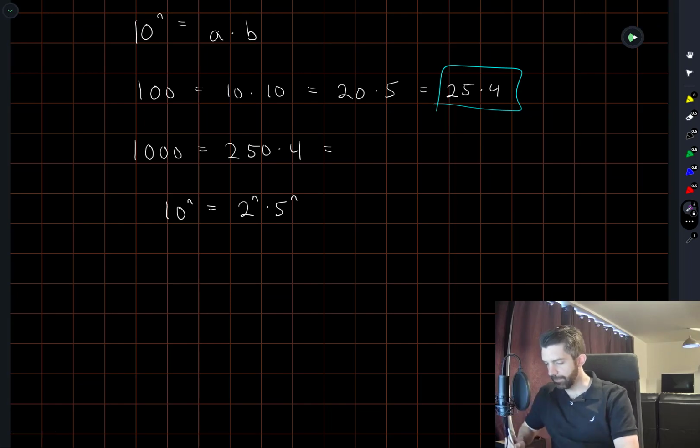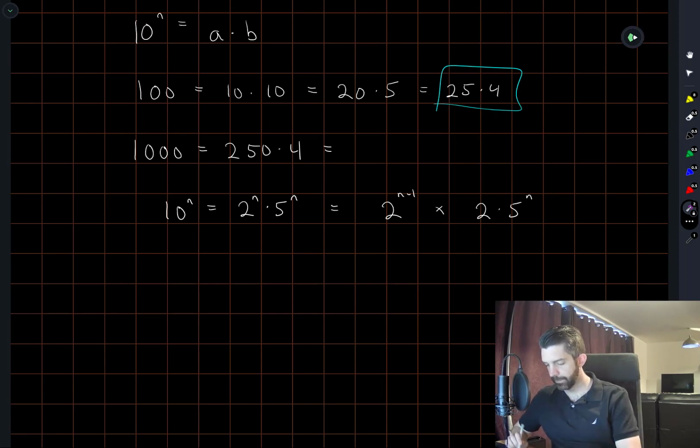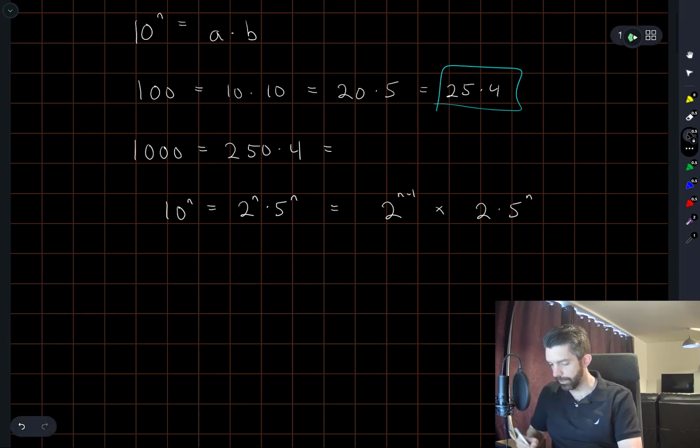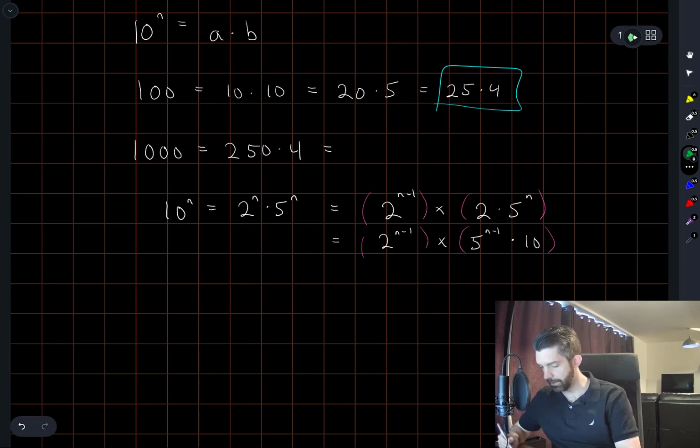Now, if I write this, for example, as 2 to the power of n minus 1 times 2 times 5 to the n, this will have a 0 in it, because this is equal to 2 to the n minus 1 times 5 to the n minus 1 times 10. The reason I'm writing it this way is I'm thinking of these terms in parentheses as being the two positive integers that multiply to 10 to the n.